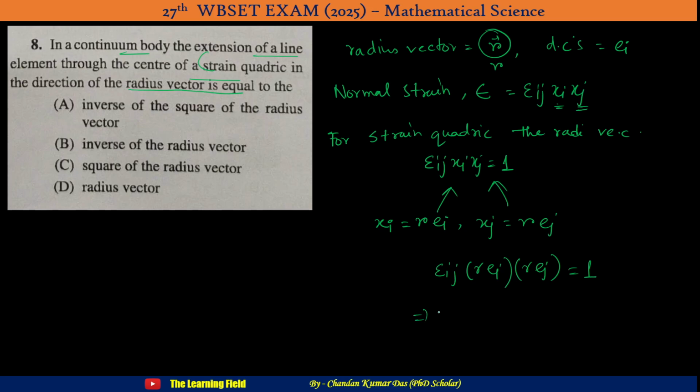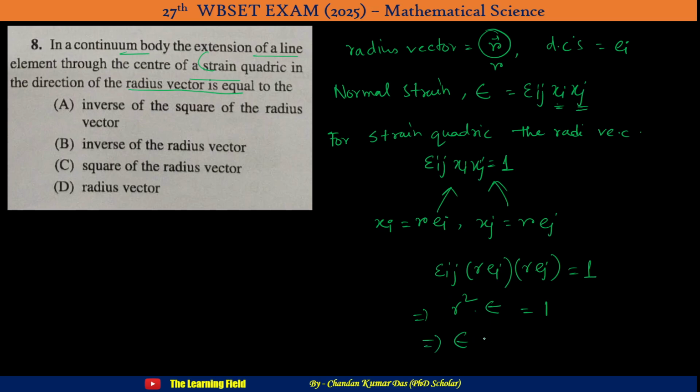That means r square epsilon ij e_i e_j equals 1, that is r square epsilon capital equals 1.